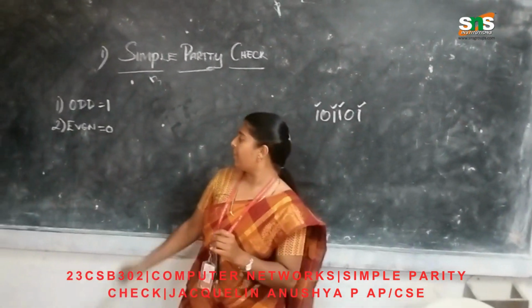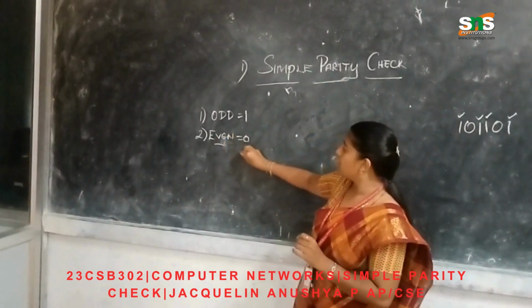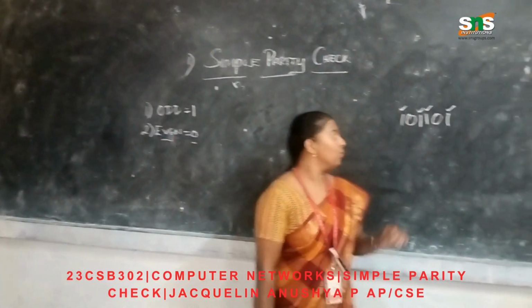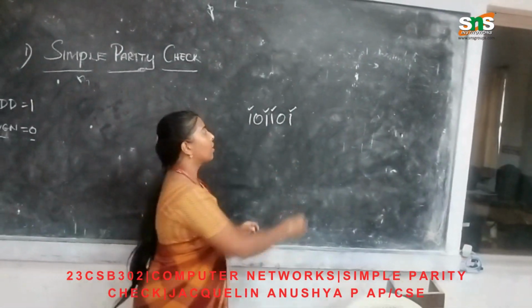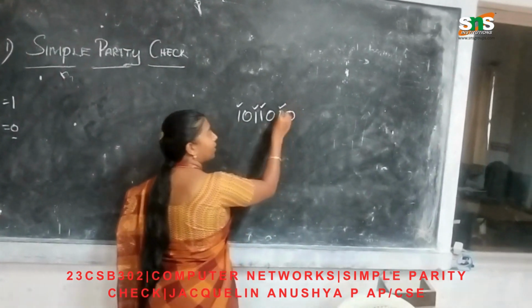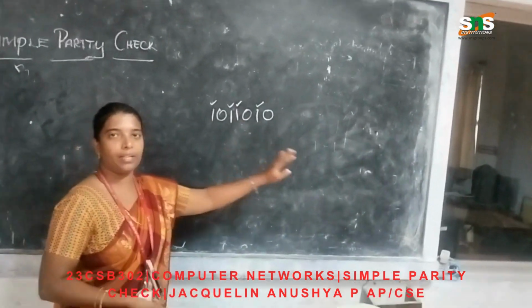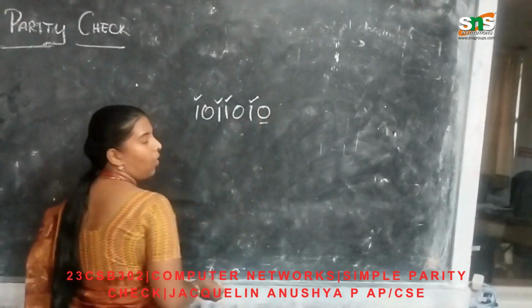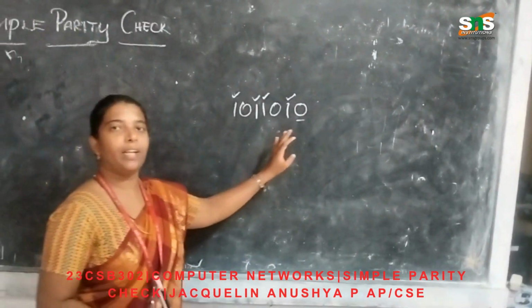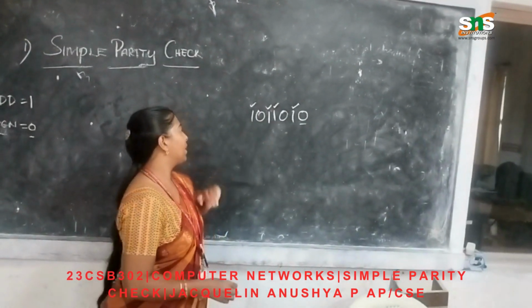Since it satisfies the even condition, we write 0. So you add a redundancy bit called 0 over here. If you want, we can underline or highlight to show which redundancy bit we have taken.